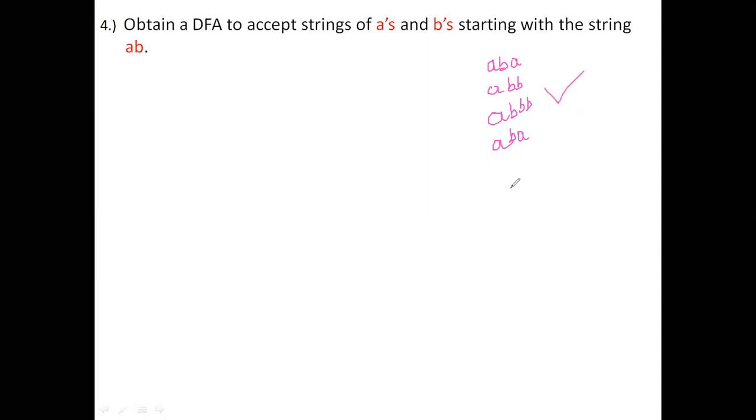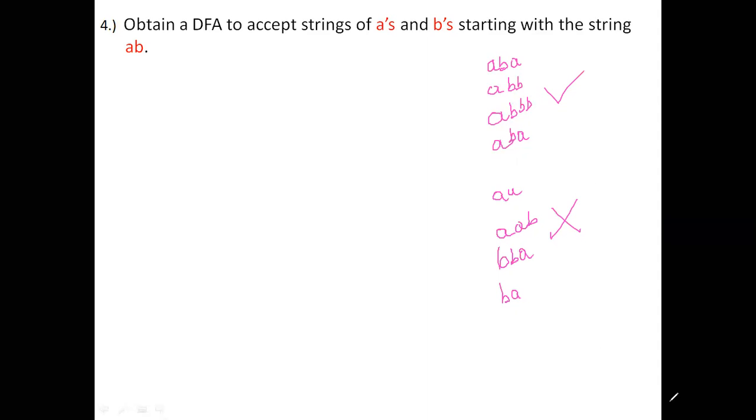Which are rejected? Double A, if it is there, will be rejected. AAB will be rejected, or BBA, and BA, if you are beginning with it, will also be rejected. So these are a few possible strings we can decide before we design the DFA. You should get this idea when you observe the question, because based on this we can design the DFA or NFA, any kind.